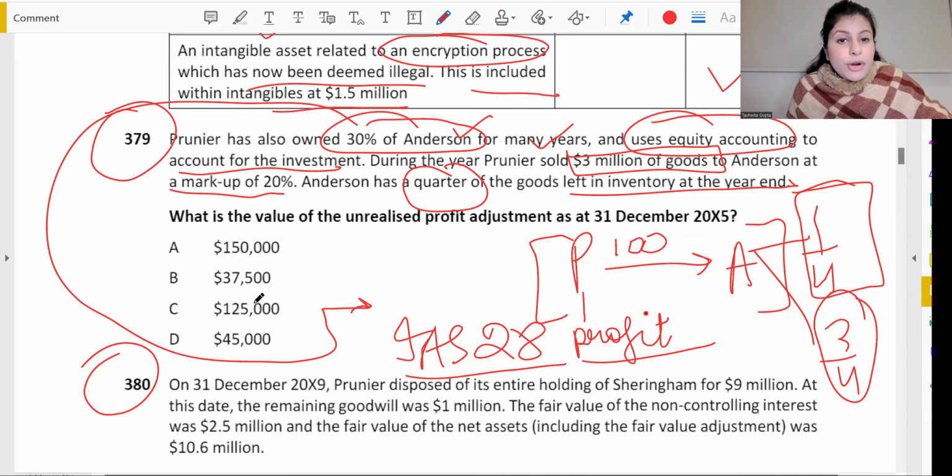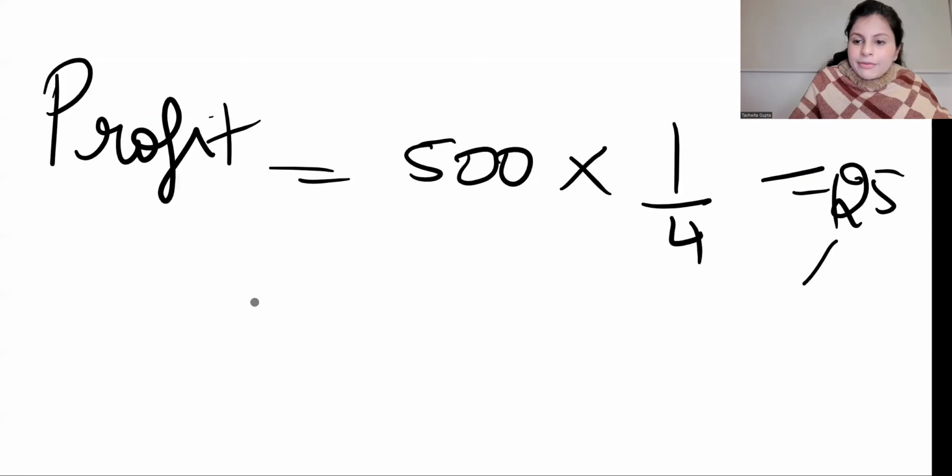Will I remove the full profit or will I remove only my share of profit? In associate, would you remove the full profit or just your share of profit? Only your share of profit. So what you got, this 125, multiply this with 30% because that is only intragroup.